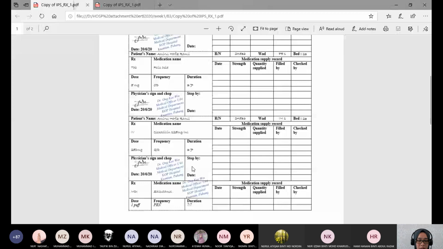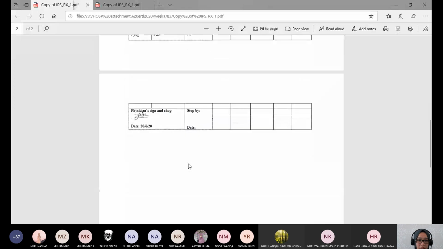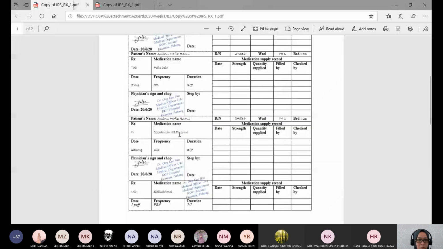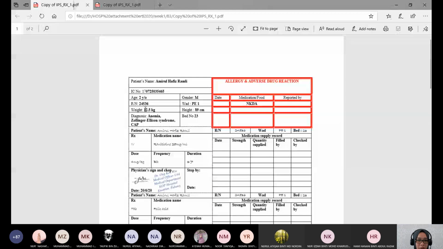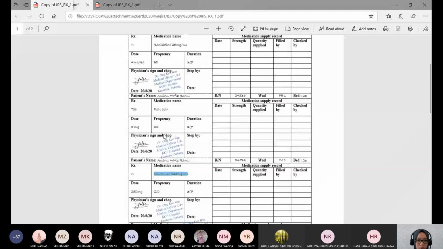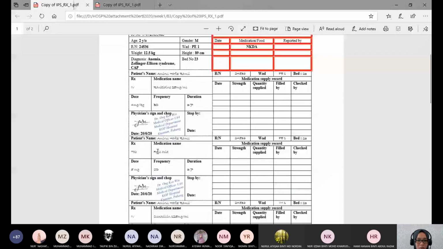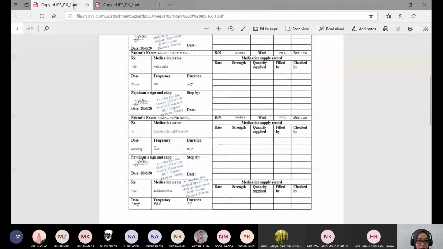Okay, actually I think we have basically discussed this, because it's going to take a lot of time for you to check whether this is suitable for a 2-year-old, and whether this is the correct dose.